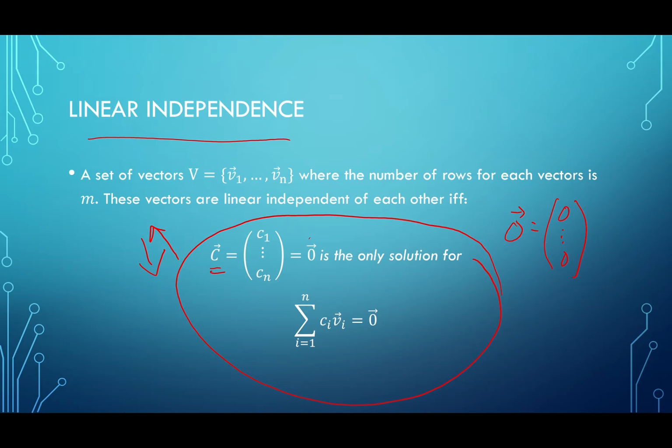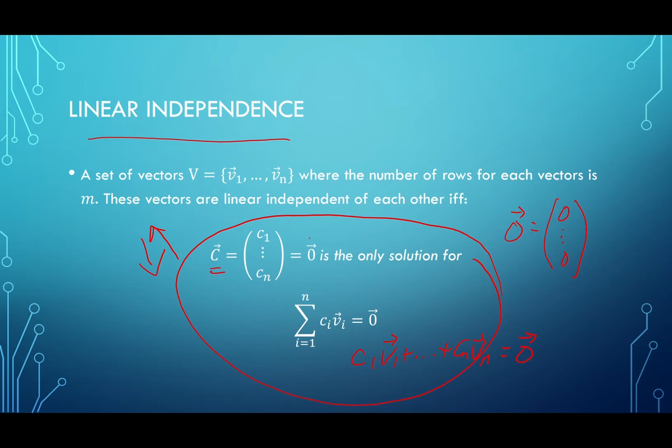So c is the only solution for the following equation: sigma from i equals 1 to n of ci vi equals 0. Well, if you're not comfortable with sigma notation, you can just expand it. So c1 v1 plus blah blah to cn vn equals 0.